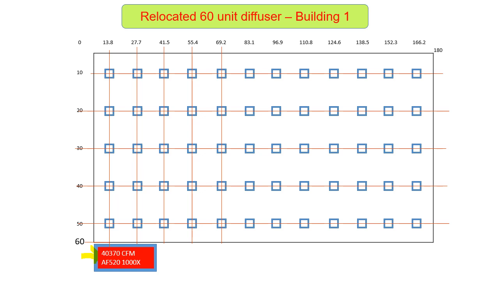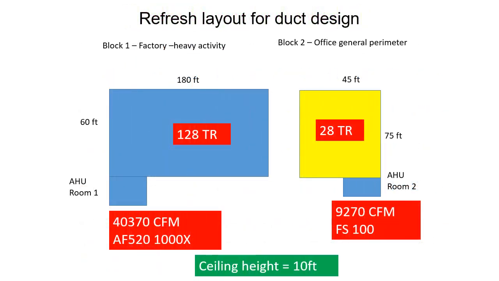So basically, this is a diffuser layout, so that you can see how it can be arranged before the real installation. Okay, so basically you can repeat the same steps for the other block, which is in office general perimeter.